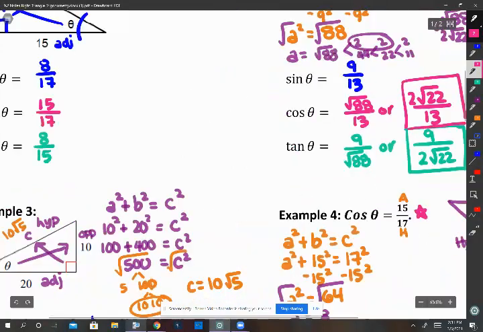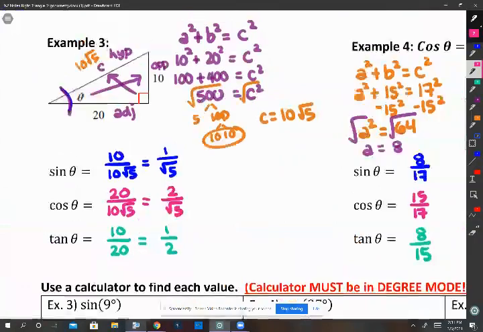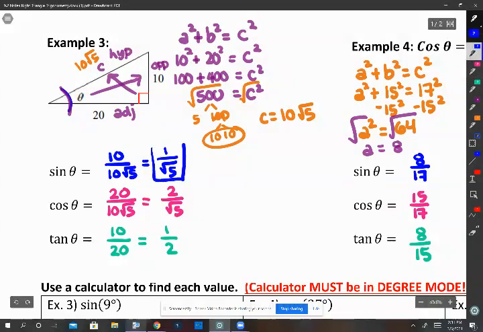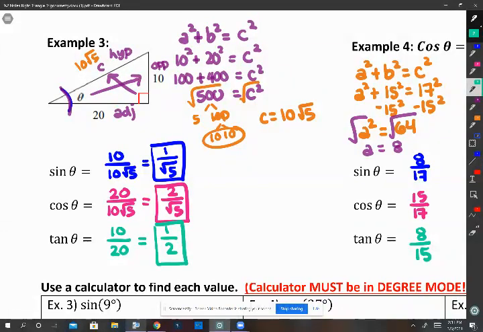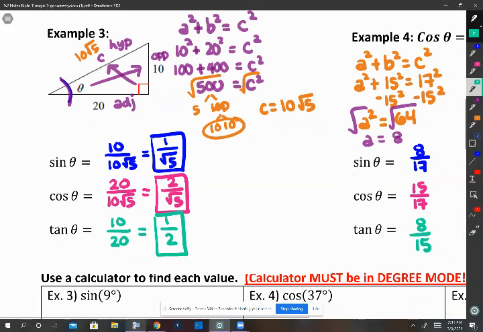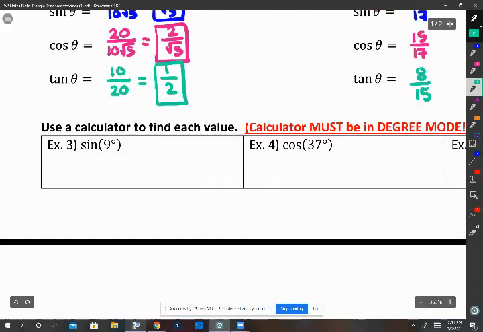And same thing with example 3. I could have written those as root 500, but I'm pretty sure they're going to like the 10 root 5 better. So I think that these are going to be better answers. The computer might be nice and take either, but I think those are going to be the answers that they're going to want.